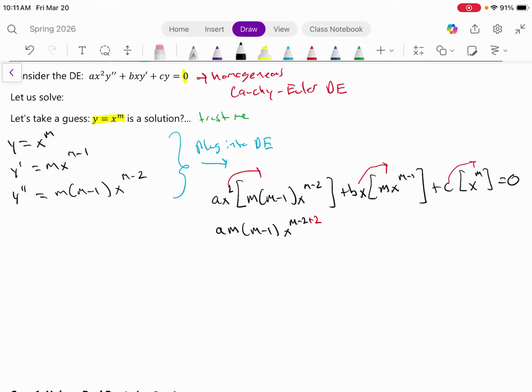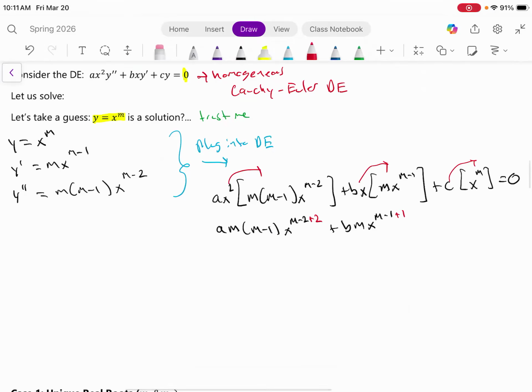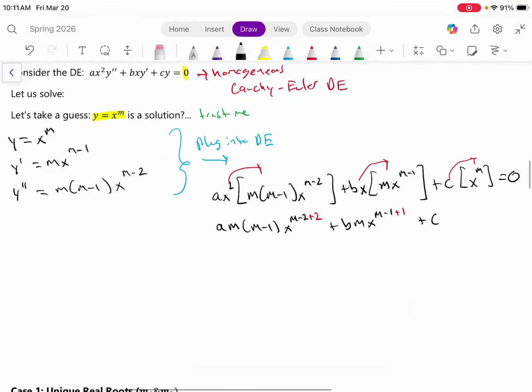Same thing, this would be bm x to the m minus 1, and that plus 1 would be because of that x distributing, and this would be plus c x to the m equals 0. Okay, so the exponents 2 and 1 cancel out, so what I'm left with is am times m minus 1 x to the m plus bm x to the m plus c x to the m equals 0.